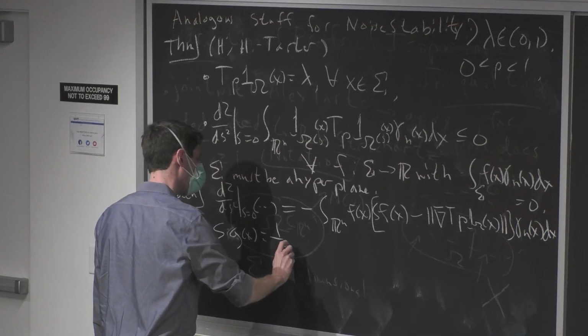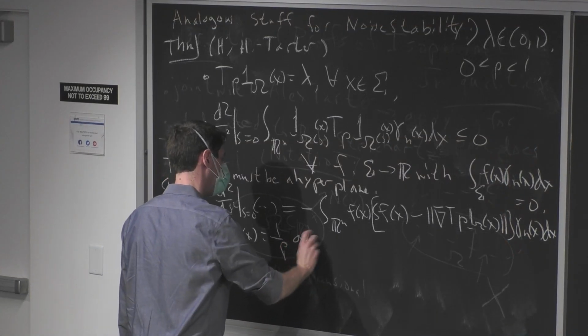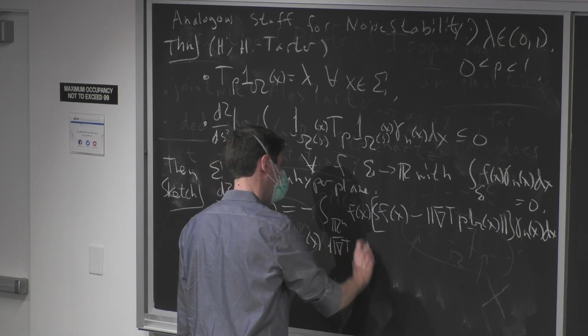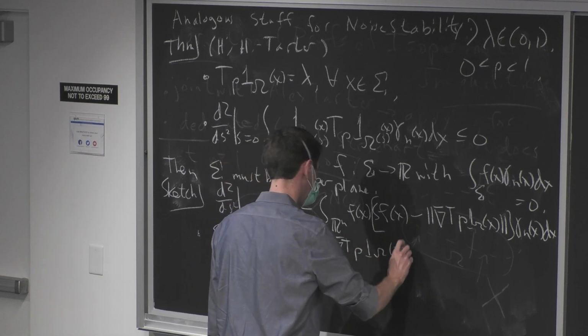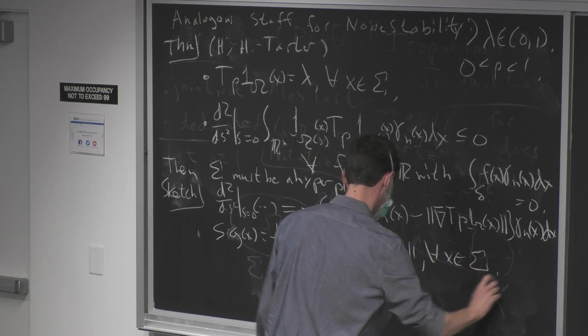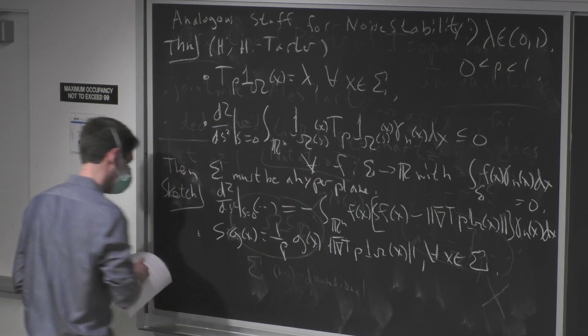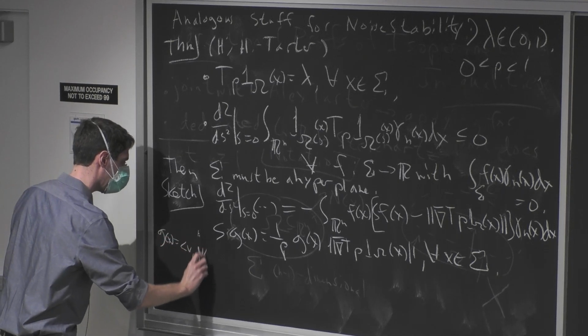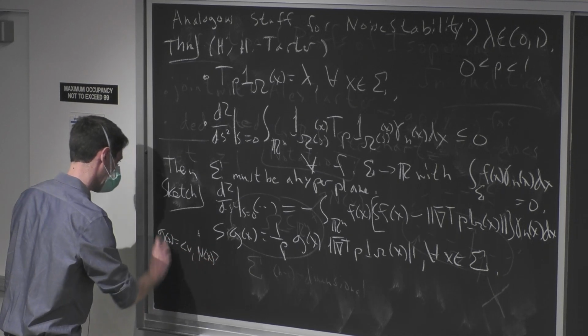It's going to be 1 over rho times G times this thing. Once again, G is any linear function of the normal vector.